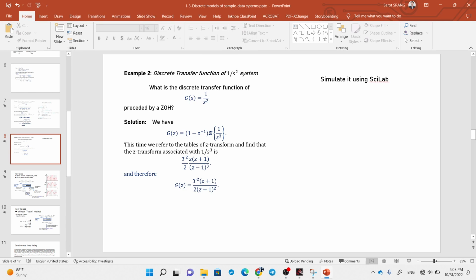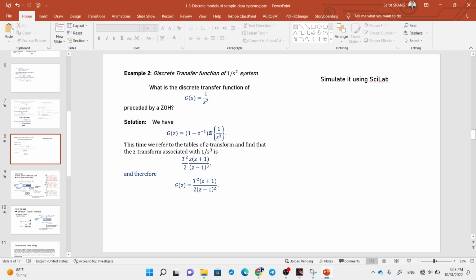Okay, so for the problem, similarly to the previous one, first you need to find G of z, which is equal to 1 minus z to the minus 1 times the Z transform of G of s over s. So G of s over s equals 1 over s cubed, and the Z transform of this can be found in a table.